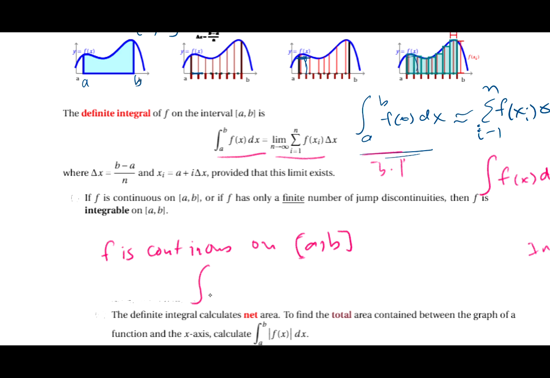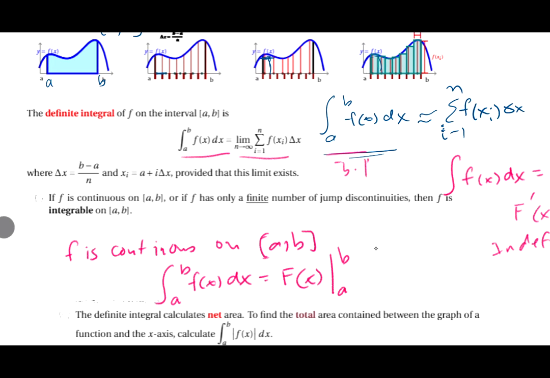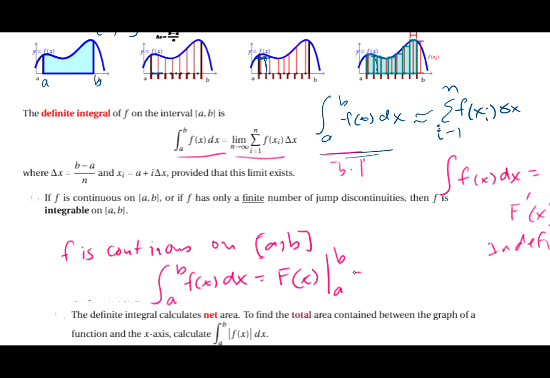So the integral from a to b of f of x dx can be computed by plugging b into the antiderivative and then subtracting a plugged into the antiderivative. That is F of b minus F of a.